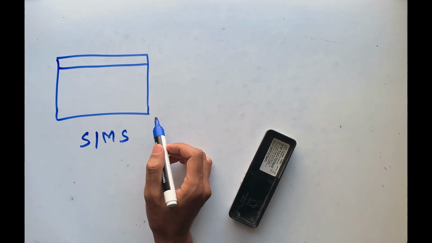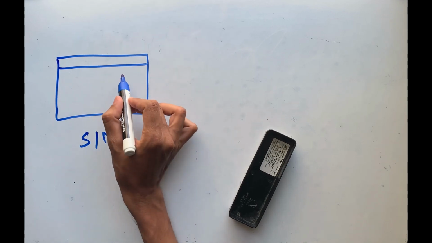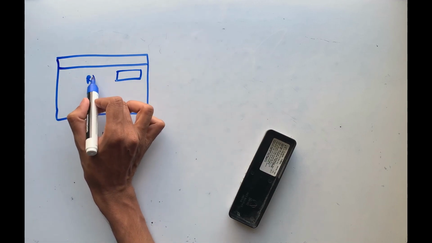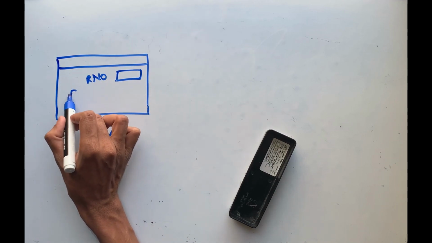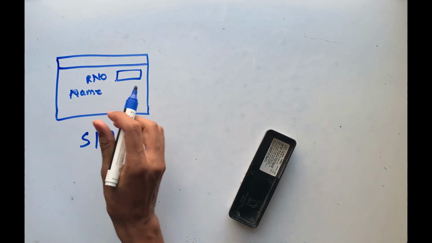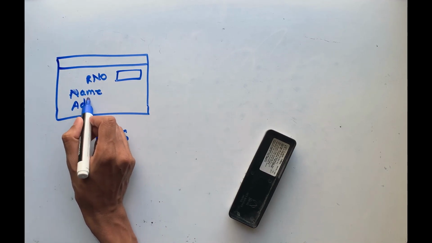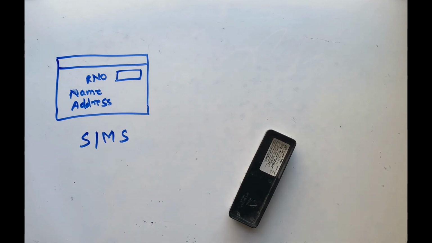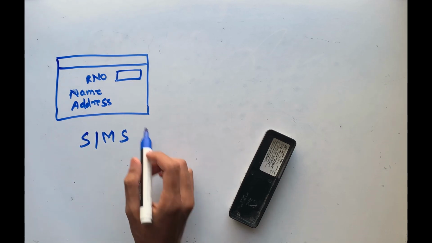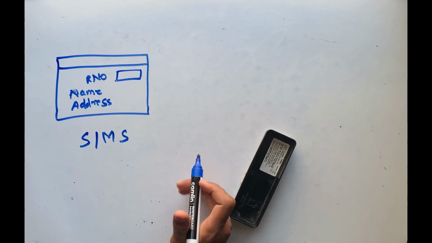In that there is a portal, with roll number, name, address, phone number. Such different fields are here, means this is the form.